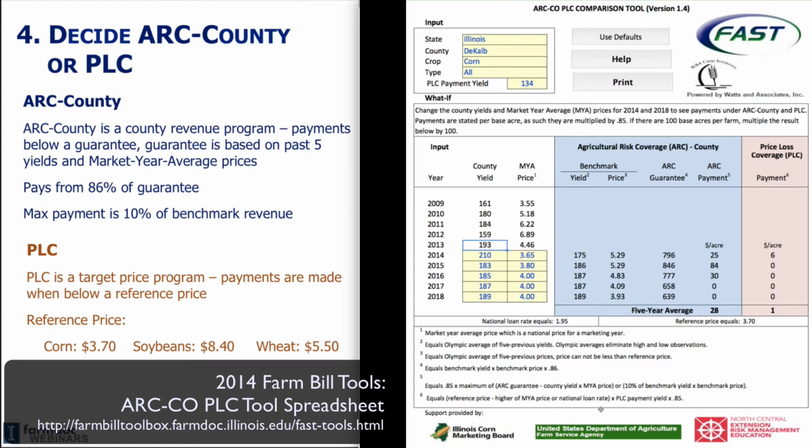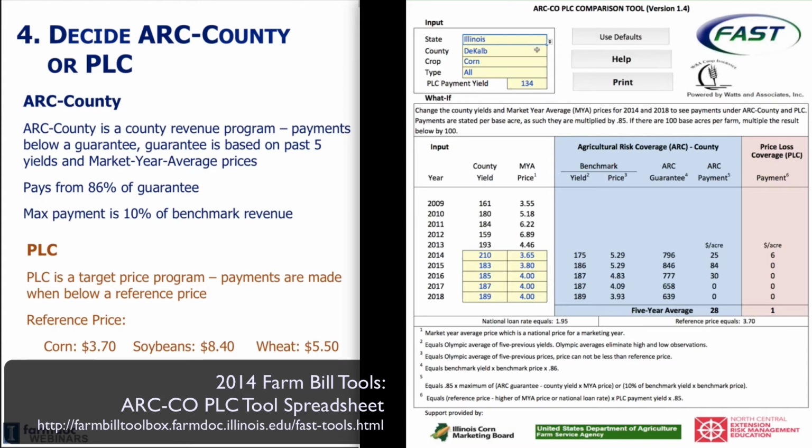And Gary, just so we're keeping track, we're bouncing around a little bit because we've got some interrelated websites and a multitude of tools available to help farmers sort out these decisions. What Gary has up on the screen, so we've walked through the Farm Bill Toolbox, which is kind of your one-stop resource for articles and all kinds of information, as well as links into the APAS online calculator. And then this is the FAST tool that Gary's developed using and working with our APAS calculator and others to give you the chance to do a very specific comparison.